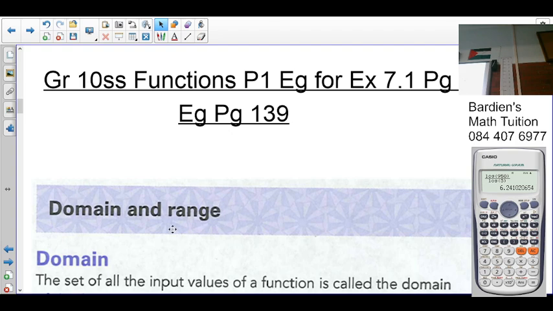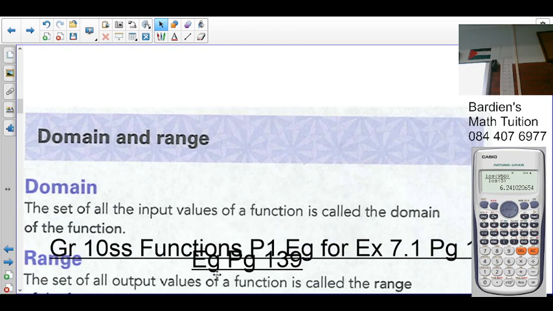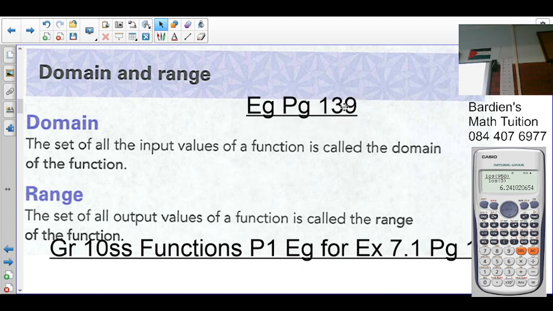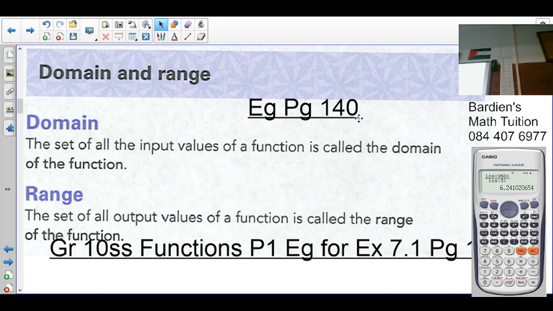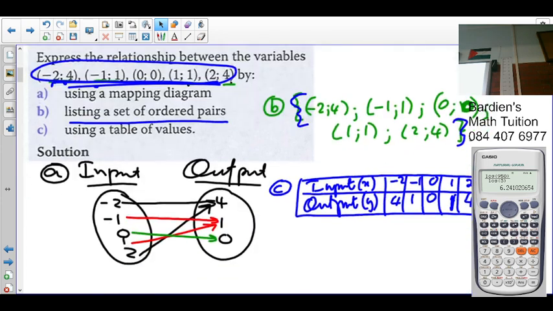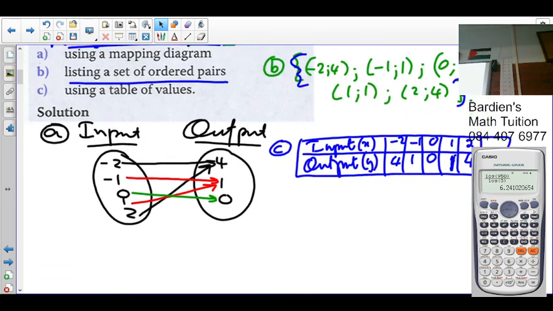Now we look at domain and range. We're reading from page 140. The set of all the input values of the function is called the domain of the function. That means your input value is also your domain.